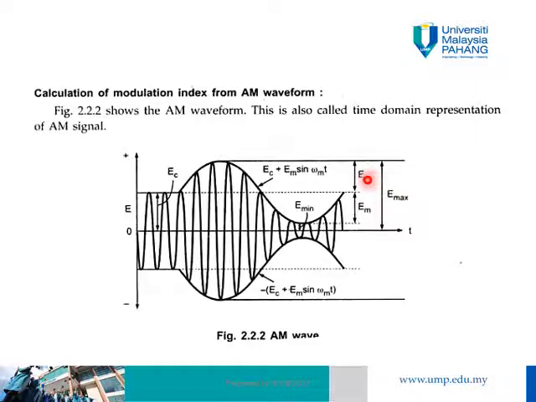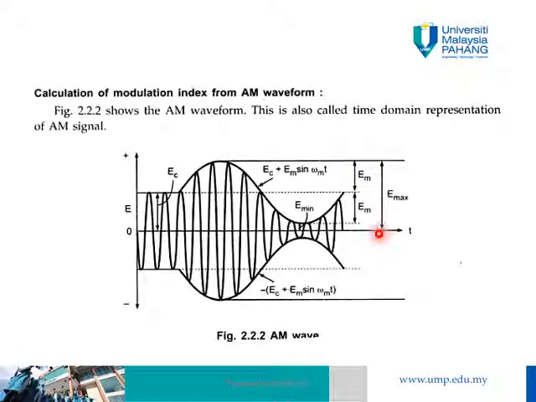EM is the maximum amplitude of the modulating signal. We take this line as the signal. This is imaginary, because it is the envelope.